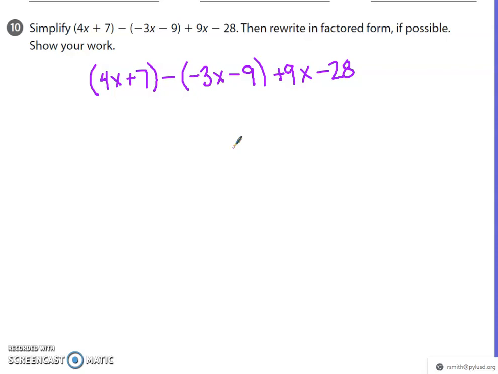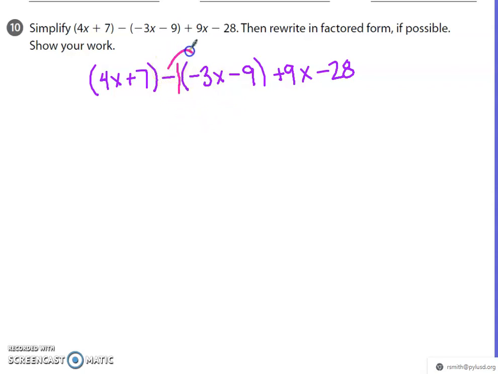Next, I'm going to start to use order of operations to simplify this long expression. This 4x plus 7, I can't do anything inside these parentheses, but I can take care of this subtraction sign. It would be totally fine if I put a 1 right here. Doesn't change the value at all.